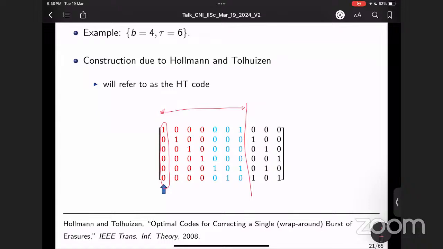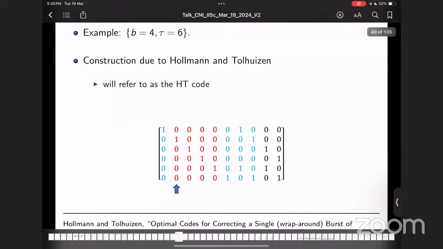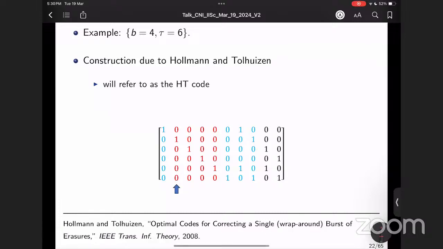Because 1, 0, 0, 0 in fact lies in the span of this column and this column. So clearly that property is satisfied. Now let's quickly check a few other properties. Let's look at another burst erasure, starting at location 1. Columns 1, 2, 3, 4 are erased. And I'm looking at the recovery of the code symbol corresponding to column 1.